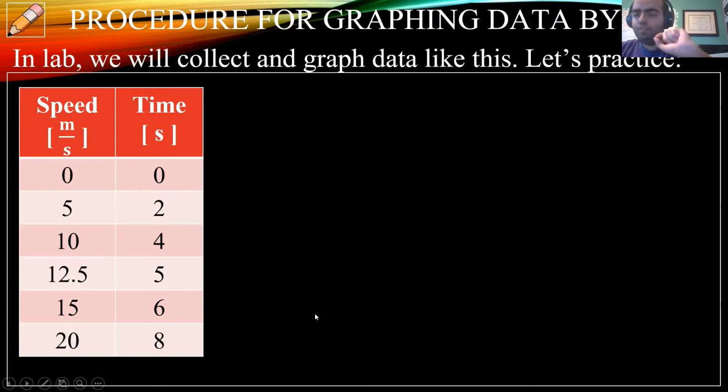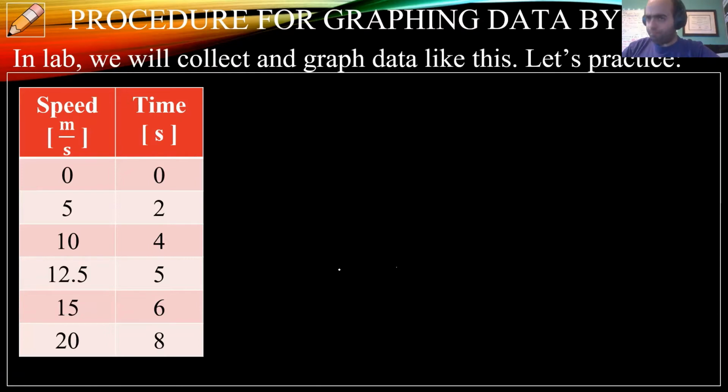A good rule of thumb is that if you're ever dealing with time as one of your quantities, it's a very common independent variable, because there's no external quantity that I know of that affects time. Time is basically going to go by no matter what. So time's a good independent variable.